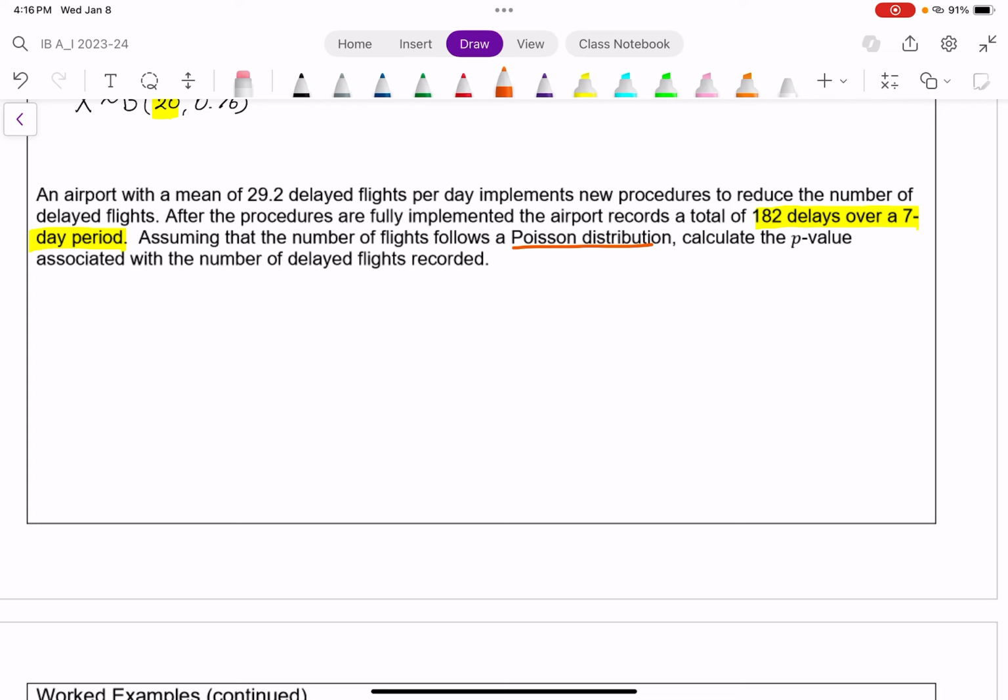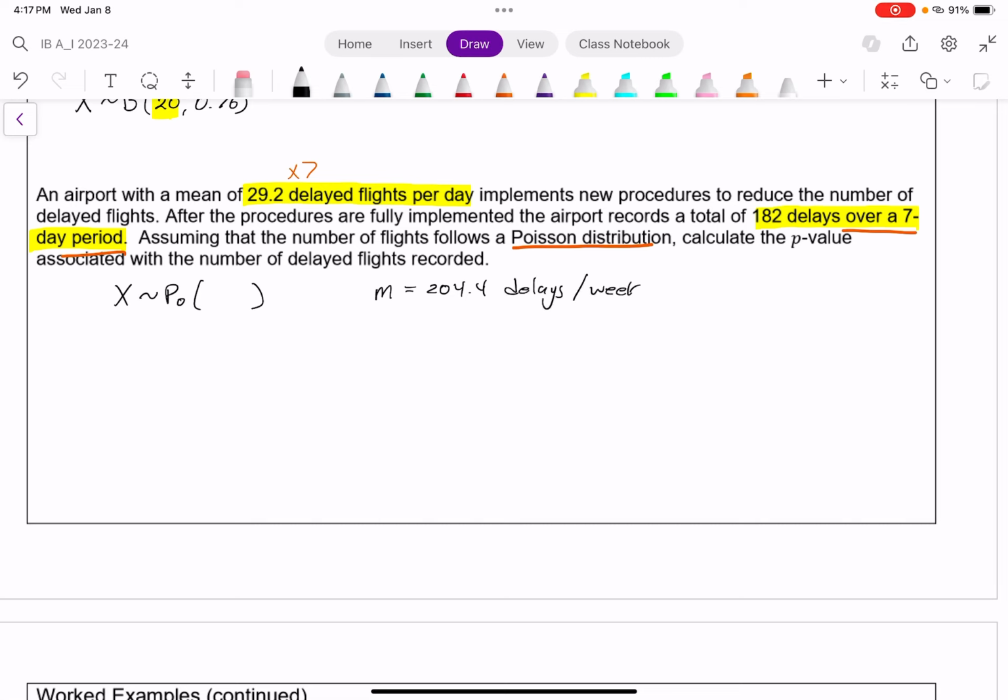So first of all, we want to think about a Poisson distribution. And so I'll write it like this. All we need is the mean rate, which was 29.2 flights per day. However, we want to think about this over the course of a week. So I'm going to scale this up and multiply this by 7. And we get, therefore, our mean being 204.4 delays per week.